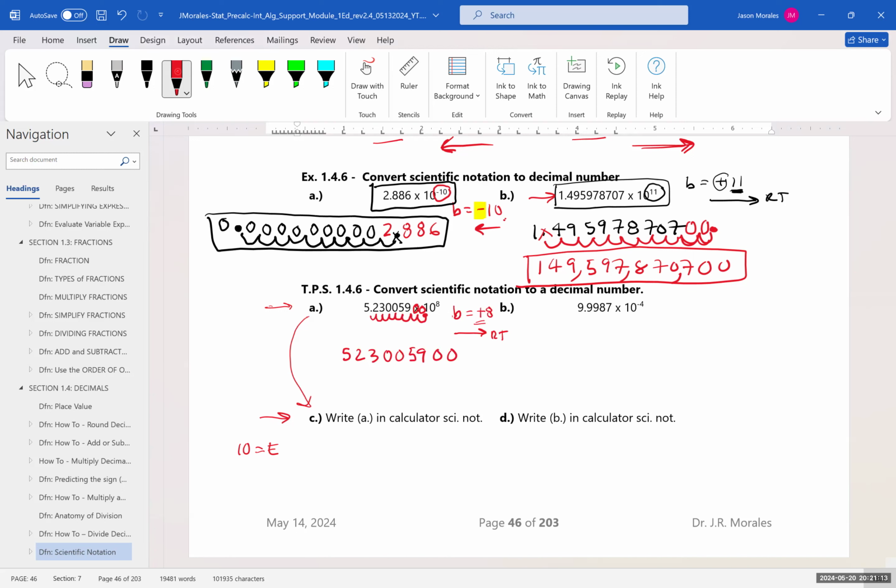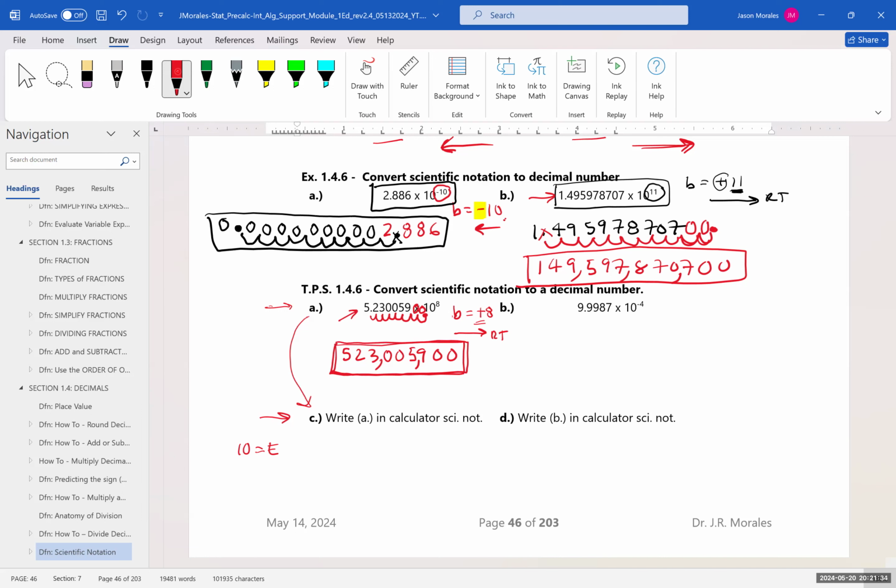And since this is a number larger than 1, we can put commas at every third digit. And this is our decimal number. So we started with this scientific notation, and we ended up with this equivalent decimal number.